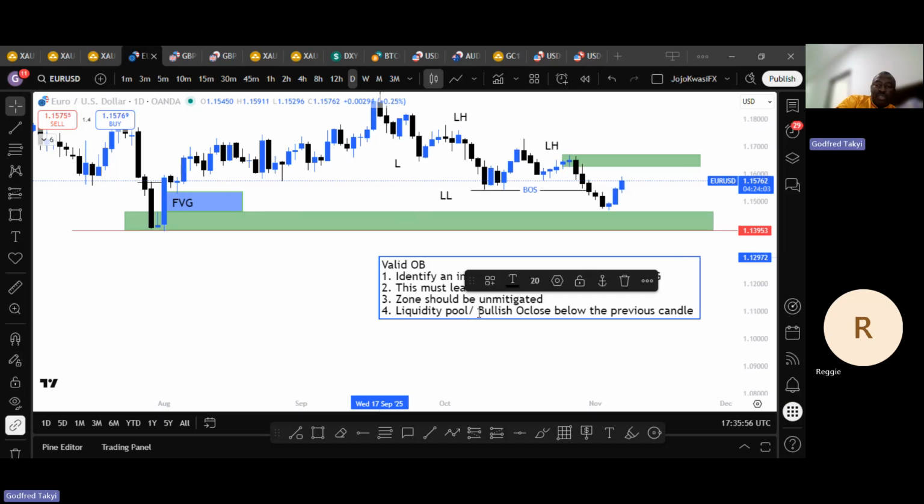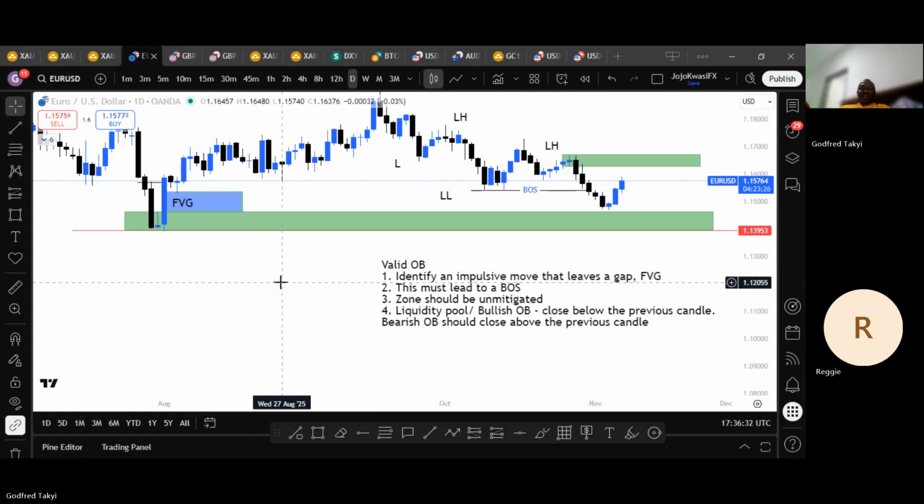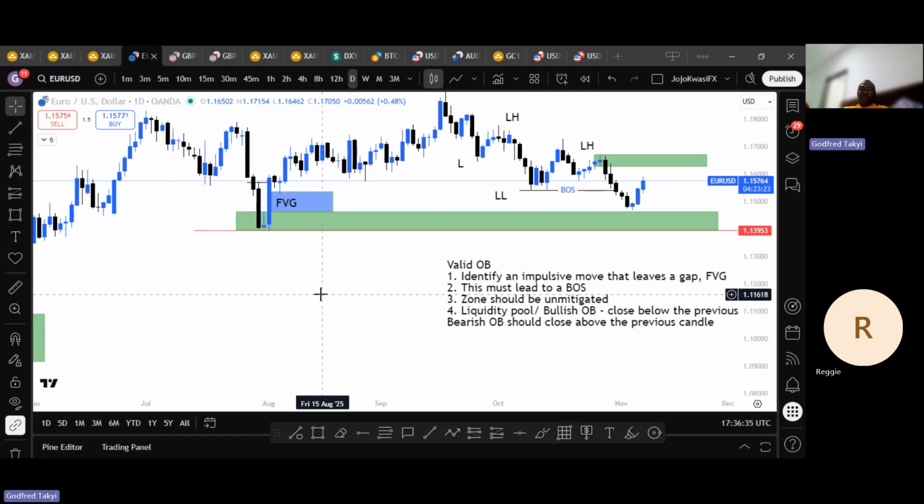Then bearish OB should close above the previous candle. So these are the things that are used to look for a valid order block.